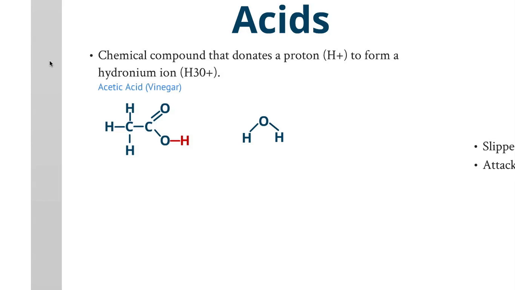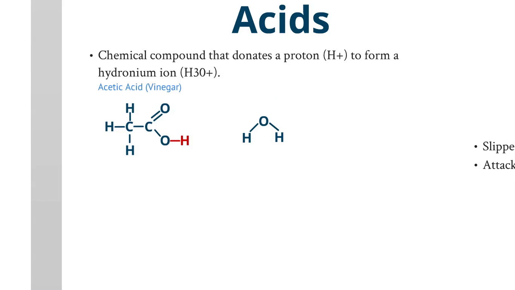That acetic acid is going to lose this proton. It's going to give it to the water, creating a hydronium ion. So a hydronium ion is H3O with a positive charge, H3O+.